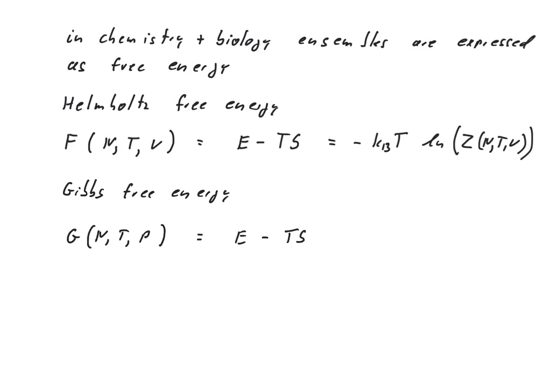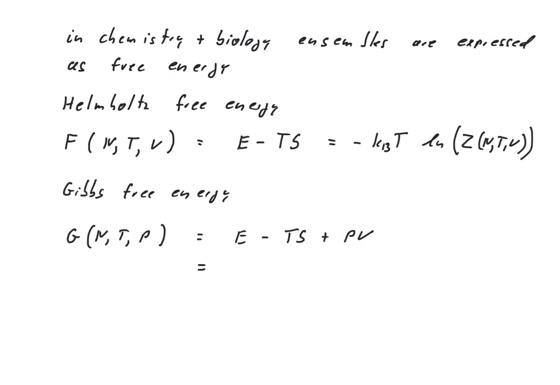Hence the Gibbs free energy is a typical energy representation of a system for biology. In order to obtain the Gibbs free energy, we have to apply one additional Legendre transform, and the Gibbs free energy is then given by E, the internal energy, minus TS plus PV.